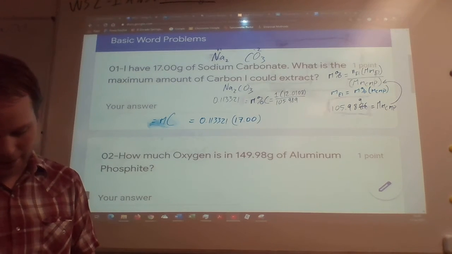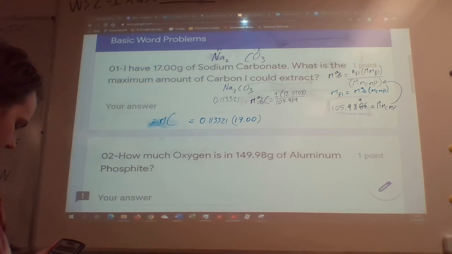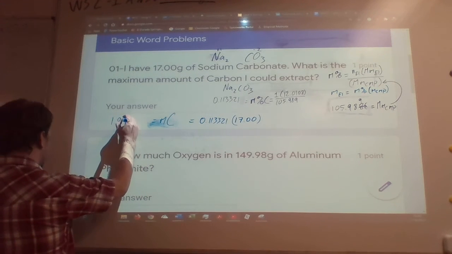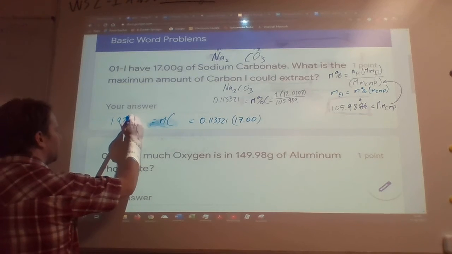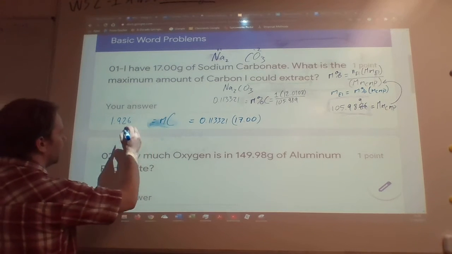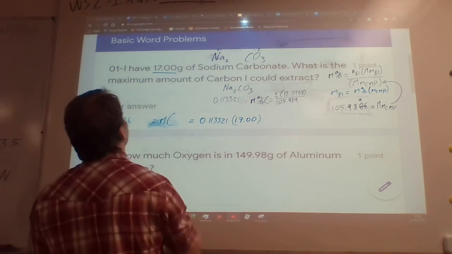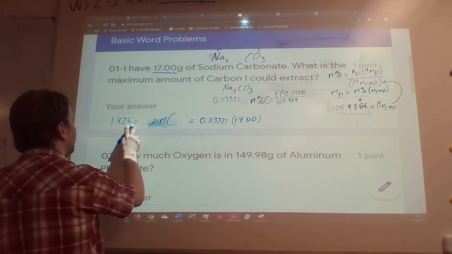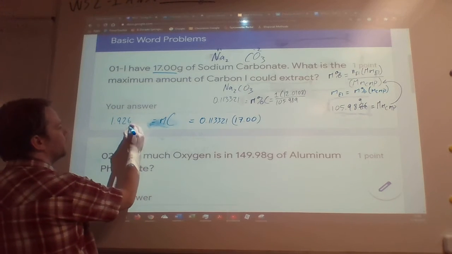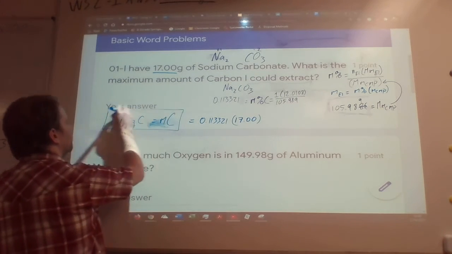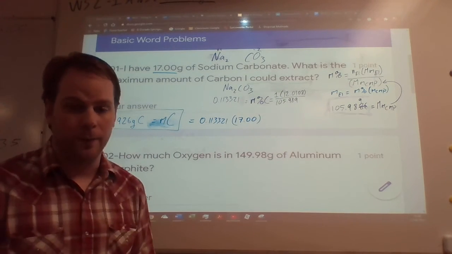So 0.113321 times 17.00 equals 1.926. Next digit is a 4. But since there's only 4 digits in this number, we stop at 4 digits. So 4 makes the 6 stay the same. This is going to have units of grams of carbon. And that is the answer to this problem.